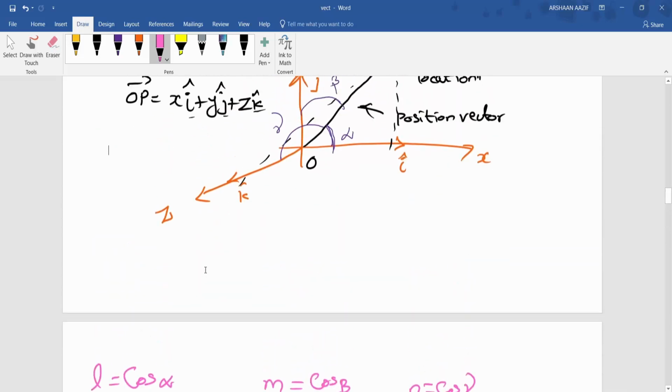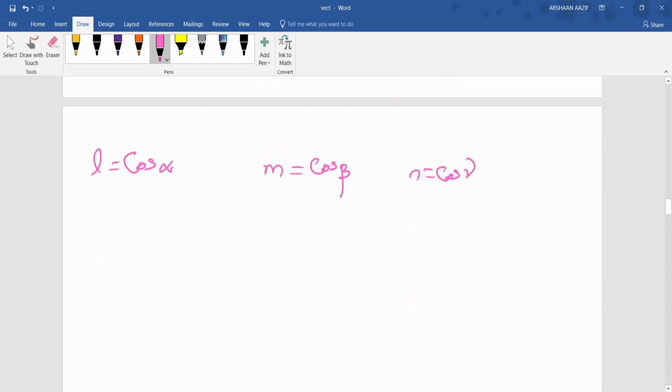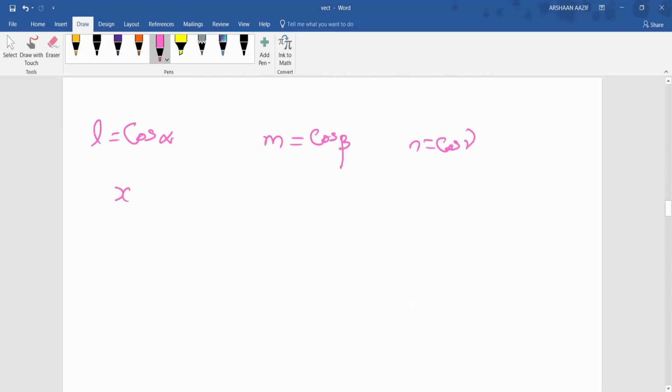For example, if this is a position vector r and I would like to find the magnitude along the x coordinate, my x is equal to r cos alpha. How did I find this?